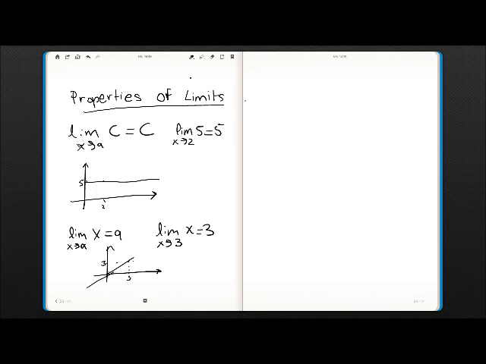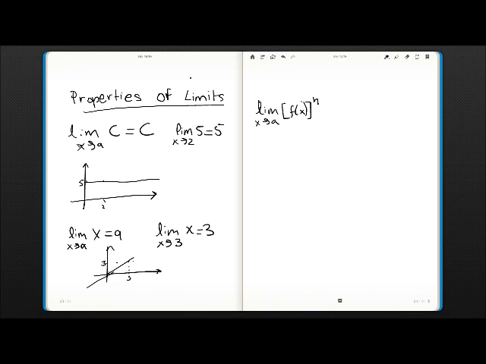Just after that, you need to use a bit of thinking. So the other properties are: the limit as x approaches a of f of x to the power of n.